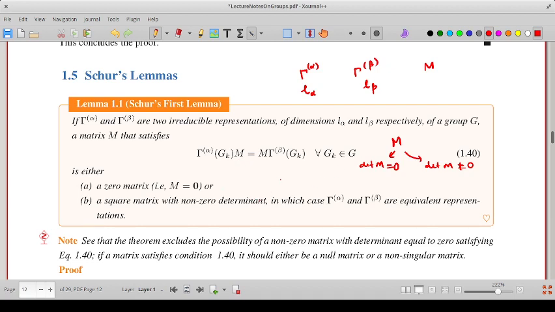That means it cannot be a matrix M which is not 0, that is, at least one of the elements is non-zero, and have its determinant equal to 0. So Schur's lemma rules out the possibility of M not being a null matrix and having a determinant 0.